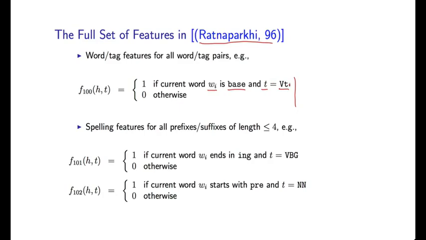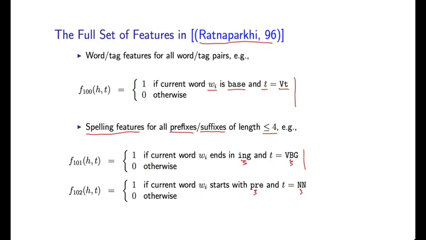He also considered spelling features which looked at all prefixes or suffixes of length less than or equal to 4. Here is this example feature again, which looks at the suffix being ing with a particular tag. And here is a feature which looks at the prefix and fires if the particular word wi starts with the 3 letters pre, and the tag in this case is a common, or rather a singular noun.